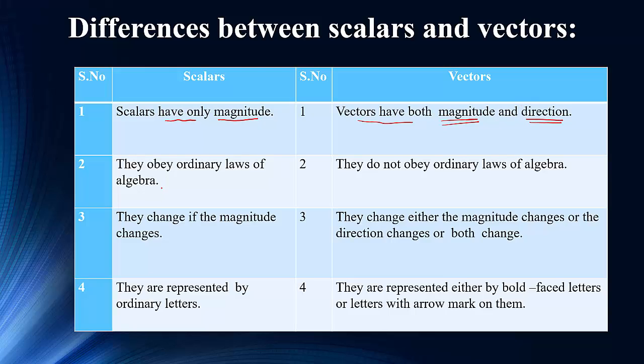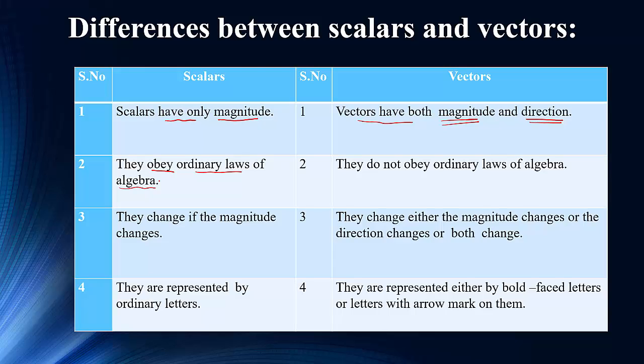Then second difference, scalar quantities obey ordinary laws of algebra. Ordinary laws of algebra means we can consider (a+b) whole square equals a square plus b square plus 2ab.